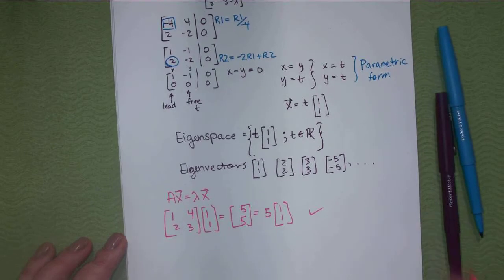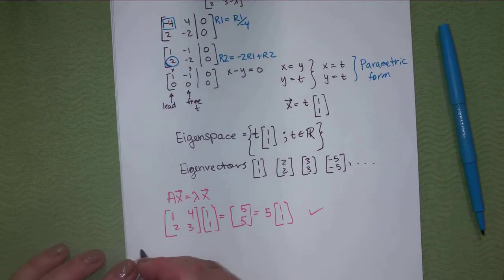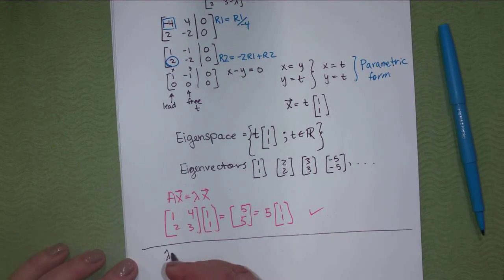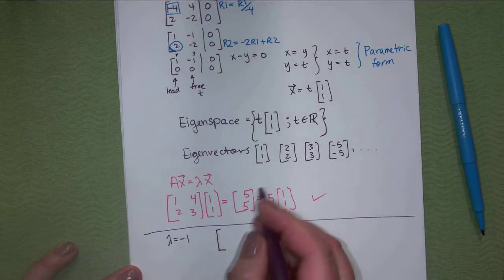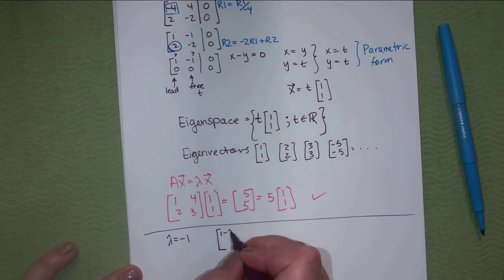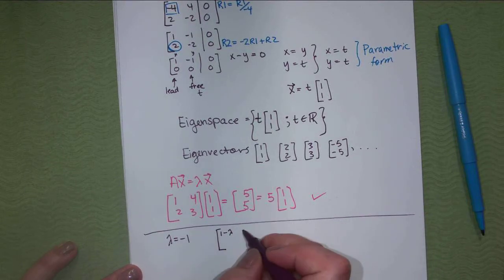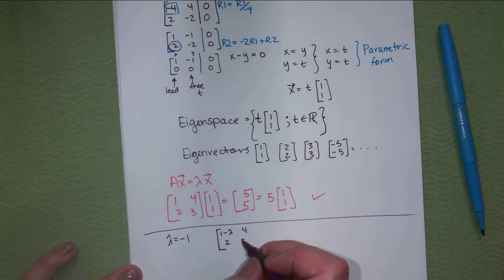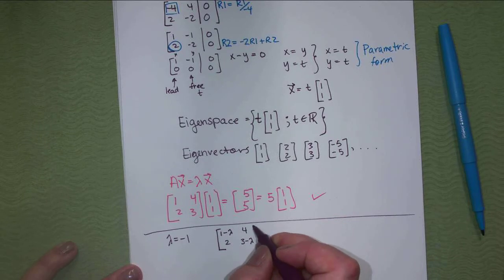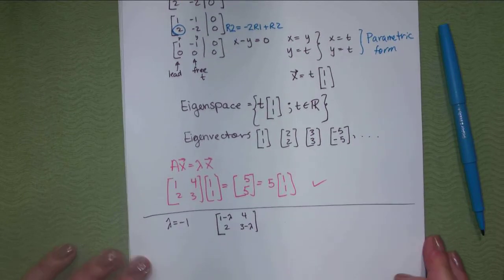And then you do the same thing for the other eigenvalue. The other eigenvalue is -1, I believe. Yep, -1. So you take your A minus lambda I, and plug your -1 in.